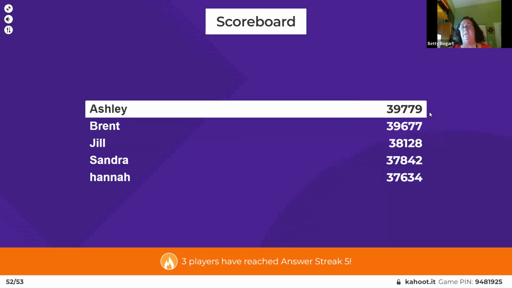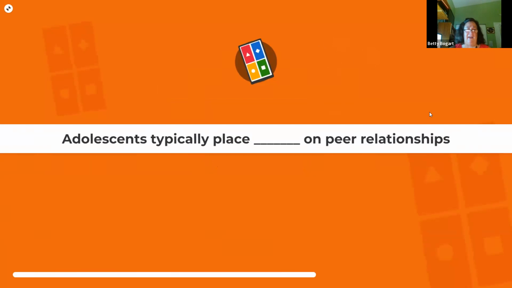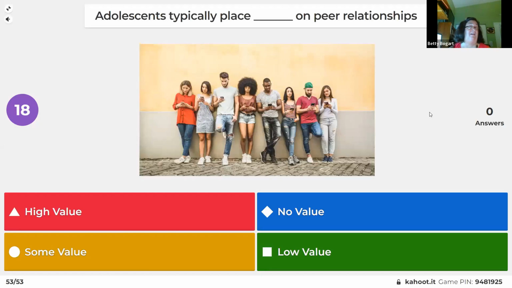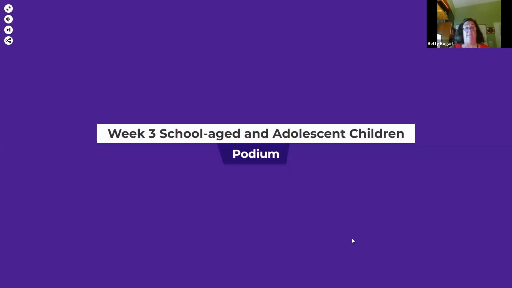It's trying to find what works so that they can become more organized. And last question. Adolescents typically place blank on their peer relationships. Absolutely high value. Yes, they do. They need them to feel good and important.